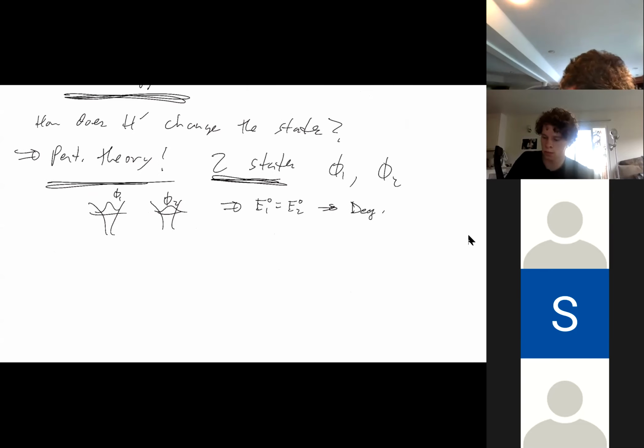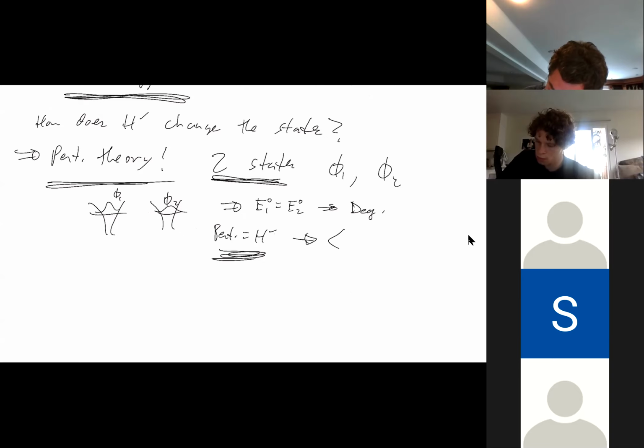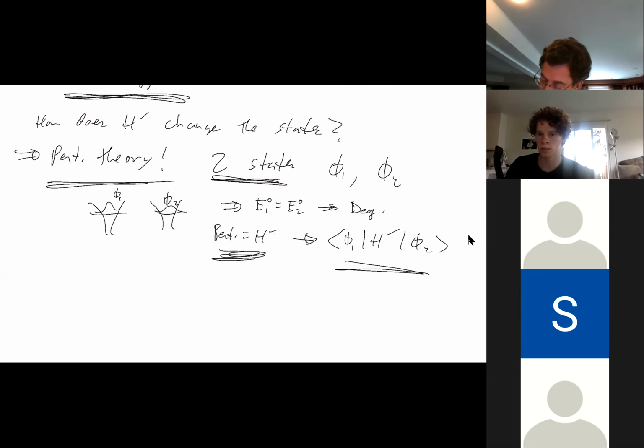And so then if I turn on my perturbation, I have to ask myself, if I have state 1, and if I have my perturbation, is this off-diagonal matrix element equal to 0? Yes or no? That's the question you have to ask yourself for degenerate perturbation. Does this off-diagonal matrix element equal 0 or not?